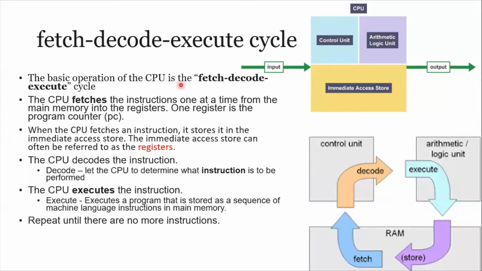The basic operation of the CPU is the fetch, decode and execute cycle. The CPU fetches instructions one at a time. Though the computer is very fast, it takes only one instruction at a time.